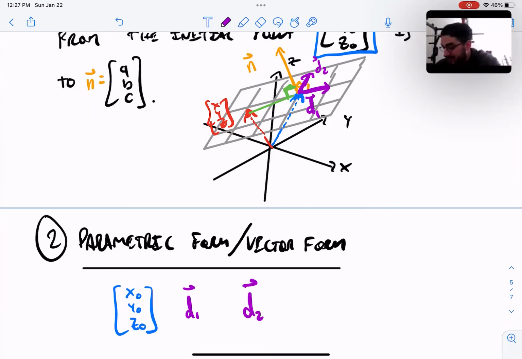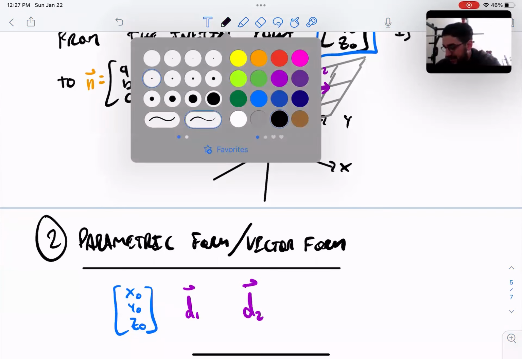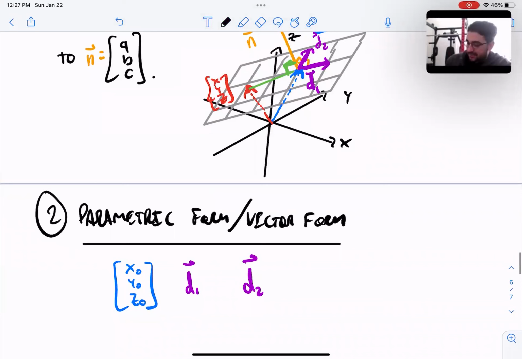And then what you could do is write your plane this way. Your plane is going to be given by the points x, y, z that you find in your plane.